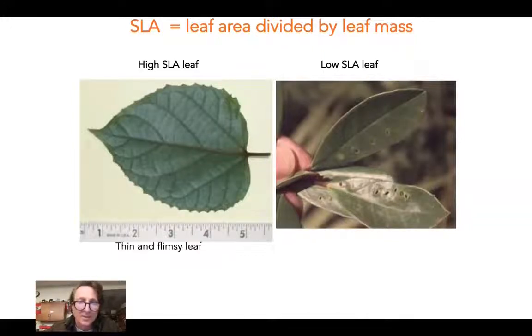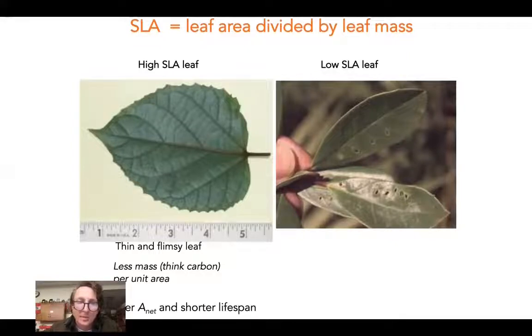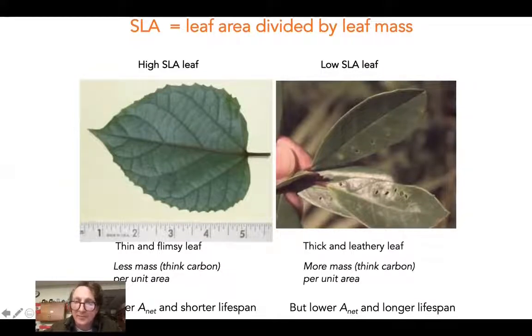A thin and flimsy leaf is a high SLA leaf. So we have less mass per unit area, but it also has a high photosynthetic rate and a short lifespan, whereas a low SLA leaf has more mass per unit area, but it also has a low photosynthetic rate and a longer lifespan.